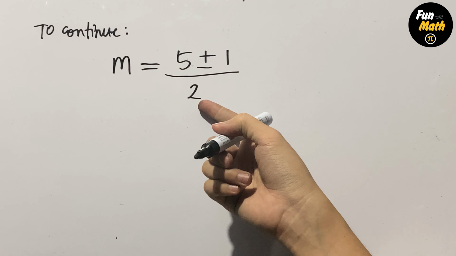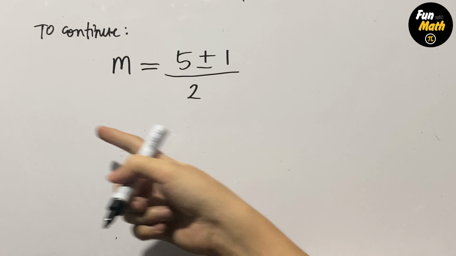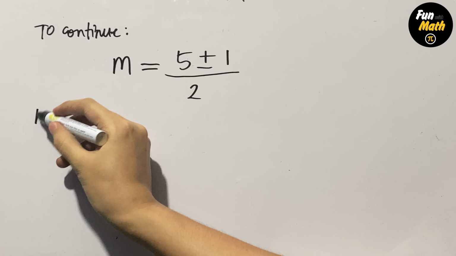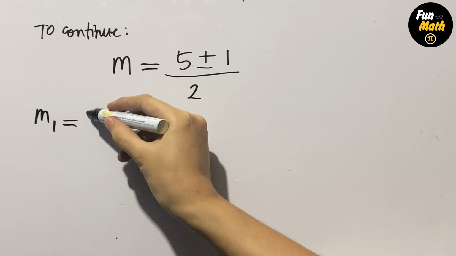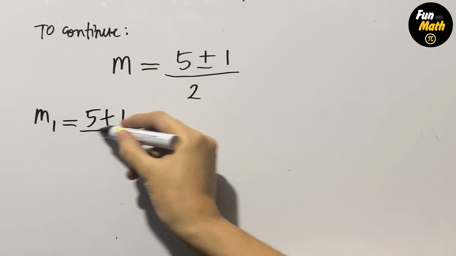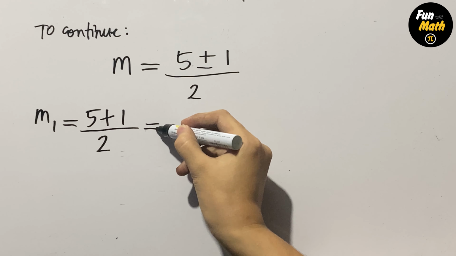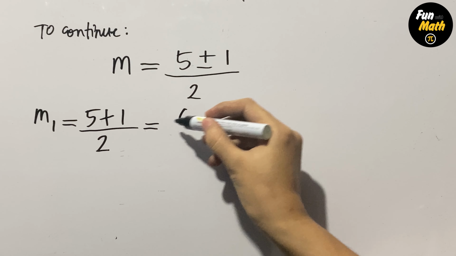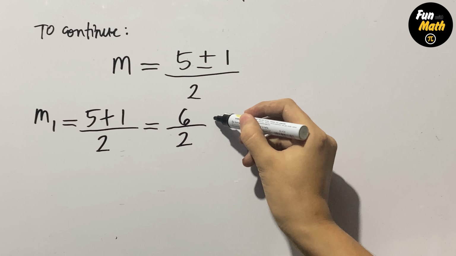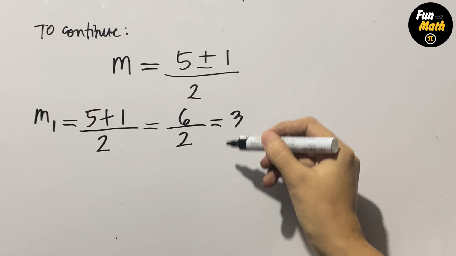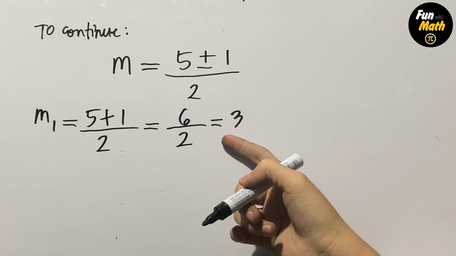And then for this, we can have two answers. So the first, m1, equals 5 plus 1 over 2. And that is 5 plus 1, that is 6, divided by 2, that is equal to 3. So this is the value for our m1.